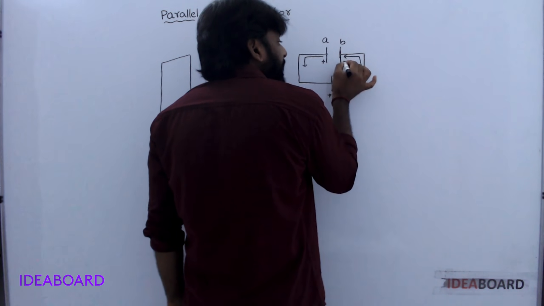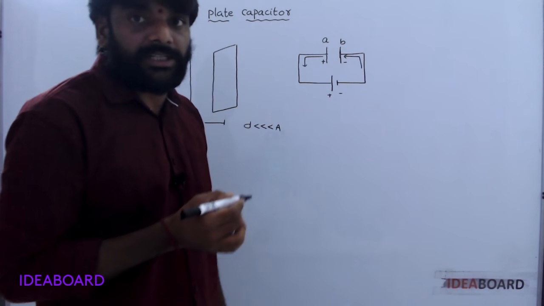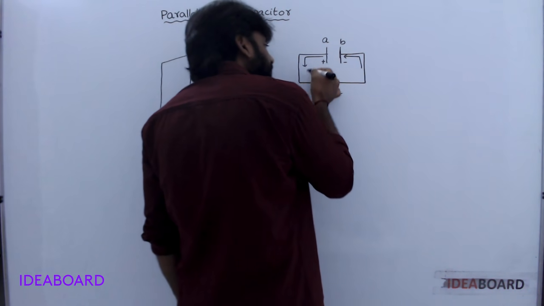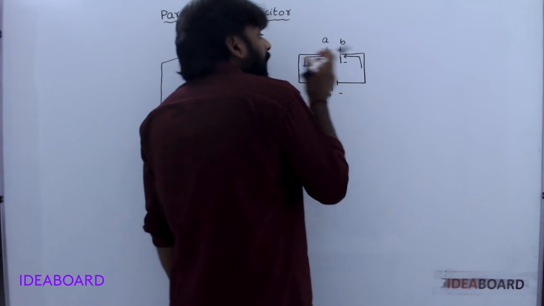After taking the electron, plate B attains negative charge. This process is continuously running.